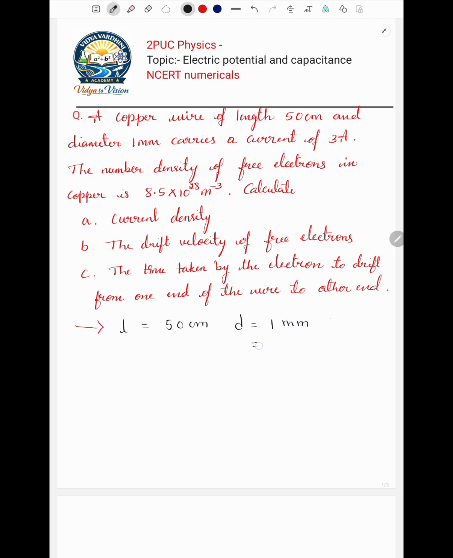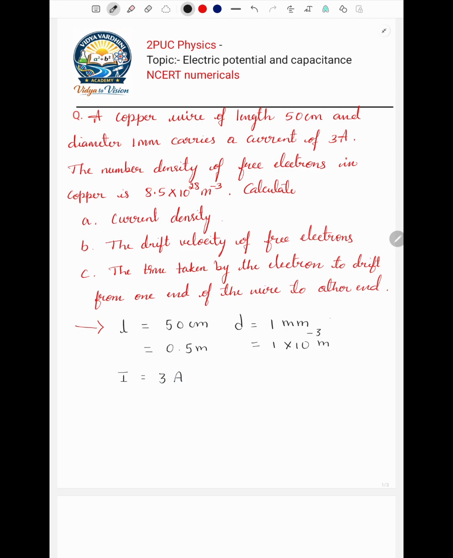If we convert this to a meter, it is equal to 1 into 10 raised to minus 3 meter. If we convert the length 50 centimeter into a meter, it will be 0.5 meter. Then they have told that the current passing through this copper wire is 3 ampere, that is I is equal to 3 ampere.